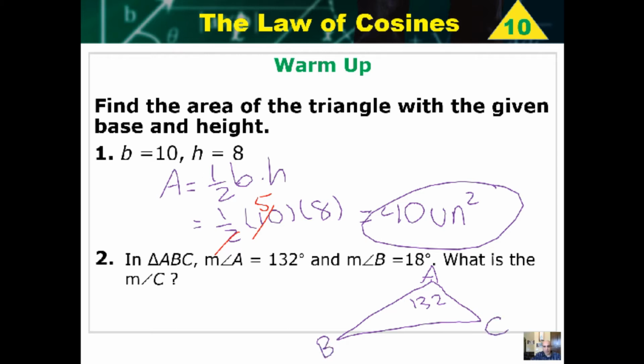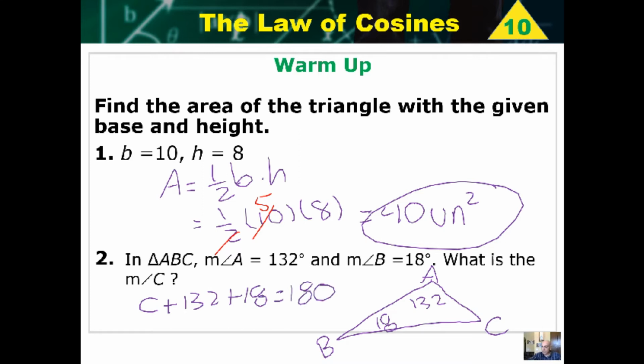And this is C. If this is 18, we know that the triangle has a total sum of 180 degrees inside of it, at least Euclidean triangle. So you could just name angle C as C. So C plus 132 plus 18 equals 180.